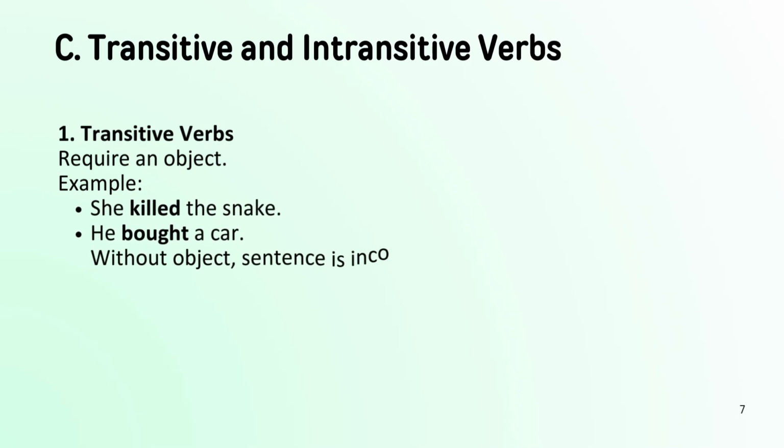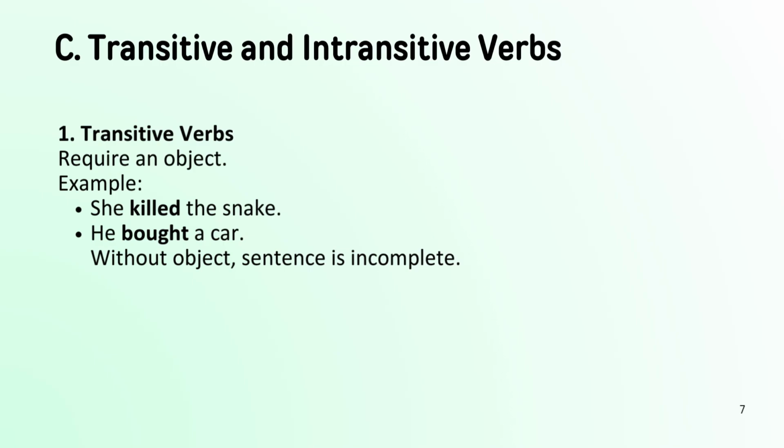So, please, if you still remember the types of verbs we are talking about: our action verbs, that is our lexical verbs, and there we have the verb to be, the verb to have, the verb to do.